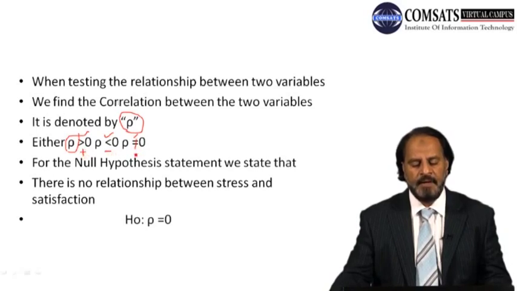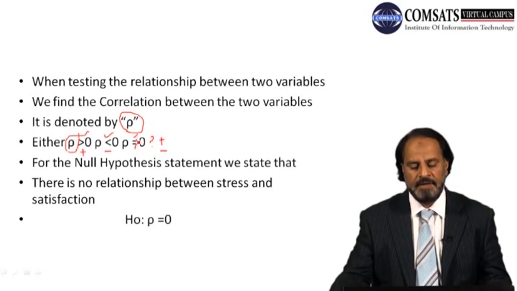And here we are saying that it's not equal to 0, meaning there is a relationship, but you're not sure if it's positive or negative. So sorry, I have made a mistake here. It should have been not equal to 0. If it becomes equal to 0, then we are saying there is no relationship, but that is a case of the null hypothesis. So please make sure this is not equal.